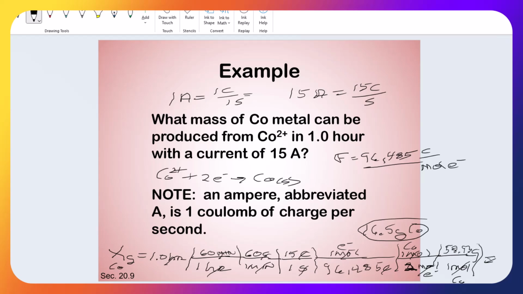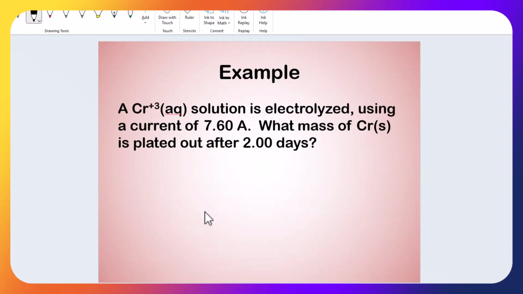All right, let's see if we got another one in here. Yes, we do. A chromium 3+ solution is electrolyzed. We're just putting it in an electrolytic cell. We're forcing a non-spontaneous reaction to occur using a current of 7.6 amps.